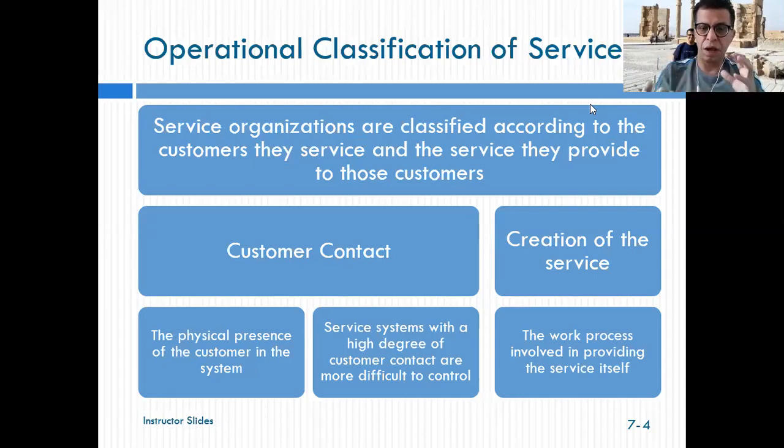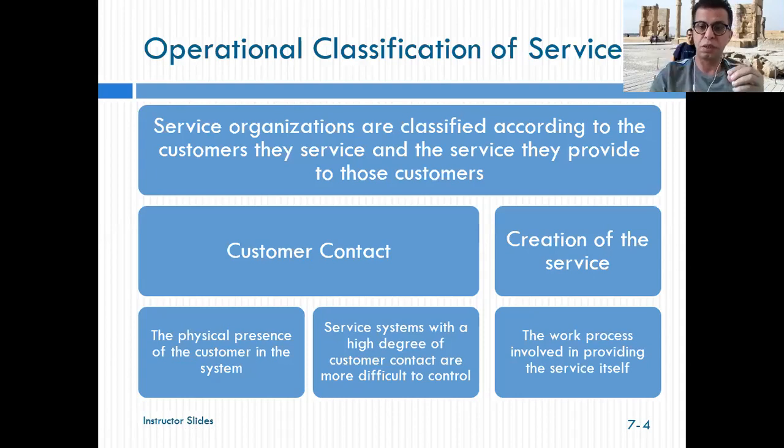There is customer contact, how heavy it is, the physical presence of the customer in the system, whether he's there or just doing the order online. Service systems with a high degree of customer contact are more difficult to control. So the more the customer is there, the harder it is to control the work process involved in providing the service itself.